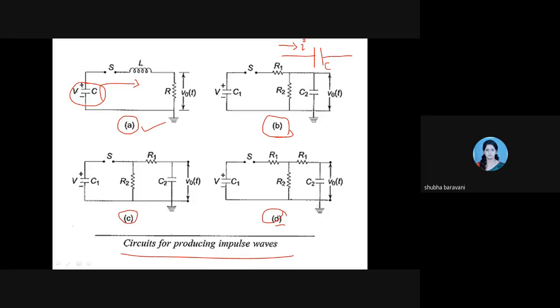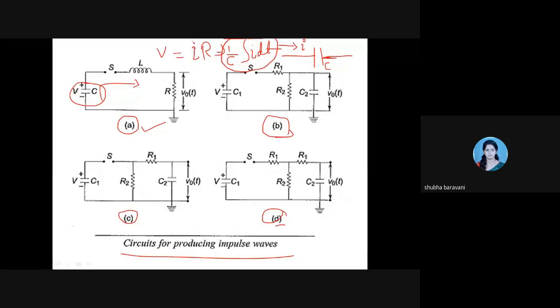Tell me. What is voltage drop? V is equal to Q by C, ma'am. Q is not there in the picture. V is equal to I X, or IR if R is there. Now in terms of capacitance, how do we write? V is equal to 1 by C integration I dt. This is the voltage drop across the capacitor.